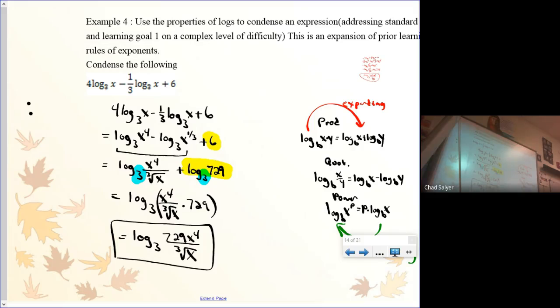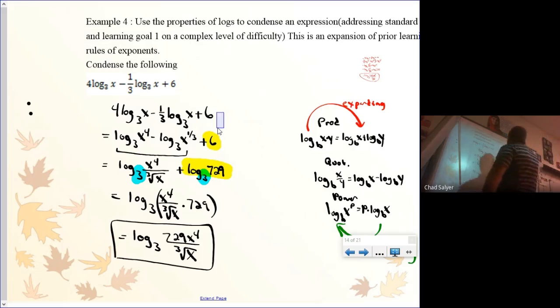Could you explain one more time for me how you got the plus 6 into log base 3 of 729? Sure. So 6 is, we want to condense this. In other words, make it a single logarithmic term. And the only way I can incorporate 6 is if I rewrite it in terms of log base 3. So I had to pick a logarithmic expression that evaluated out to 6 and had 3 as its base.